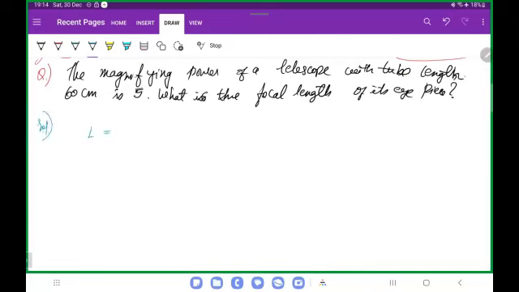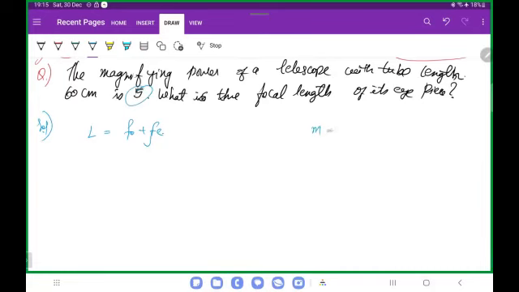Length of the telescope, the tube length, will be f_o plus f_e, related to focal length. Here f_o means focal length of the objective lens and f_e the focal length of the eyepiece. But they have given magnification also, so we have to consider magnification.